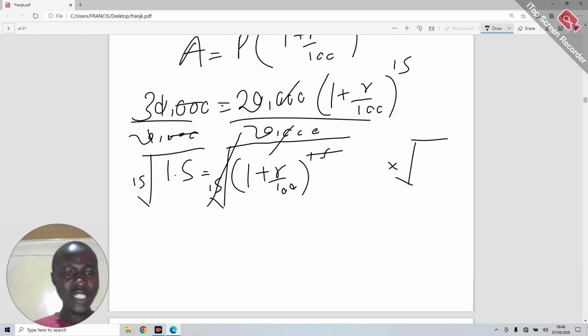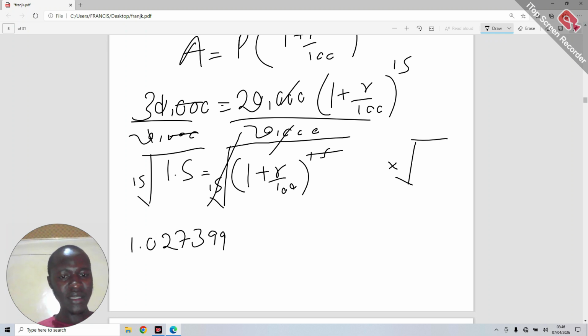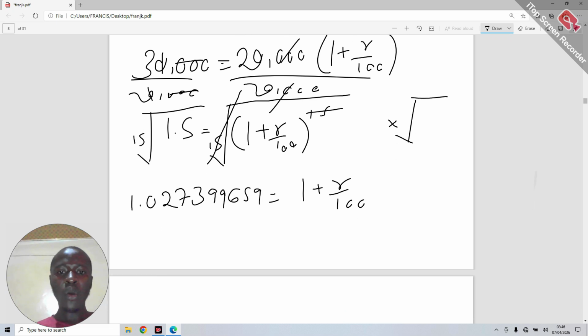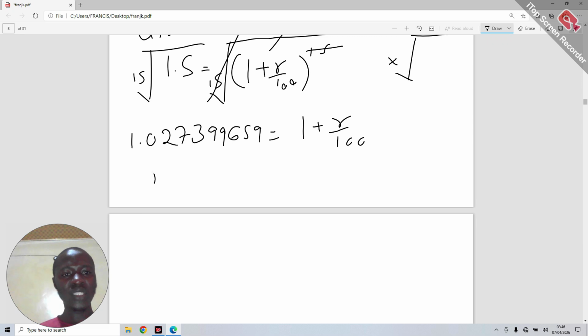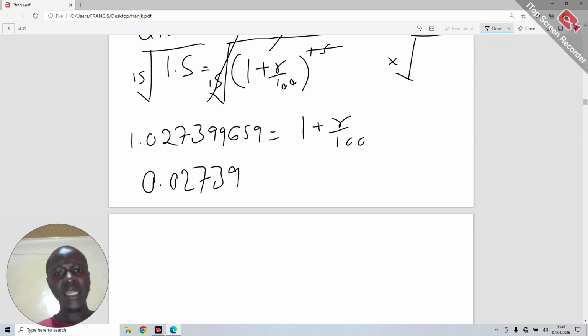Having done that, on our left hand side we shall have 1.027399659 equals 1 plus r over 100. When 1 crosses the equal sign, it becomes minus, so we shall have 0.027399659 equals r over 100.